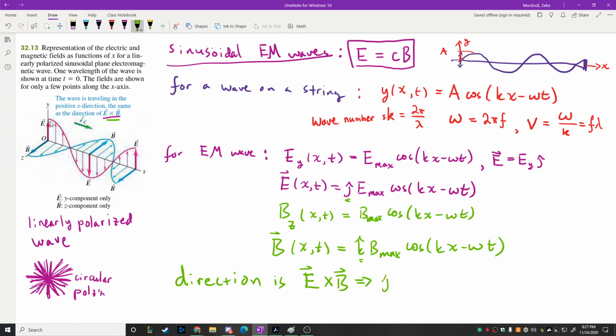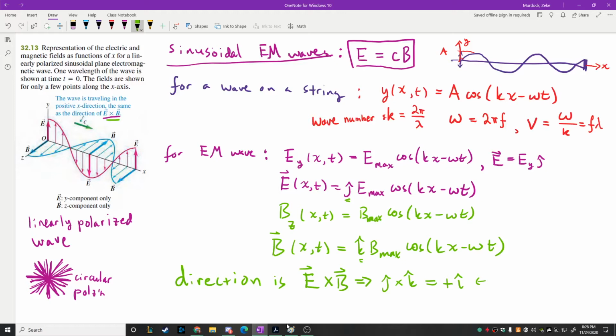So if we do j hat cross k hat, what's that equal to? If you remember, this is i hat. You can use the right-hand rule to prove that as well. j cross k is equal to i hat. So that's the direction of propagation.